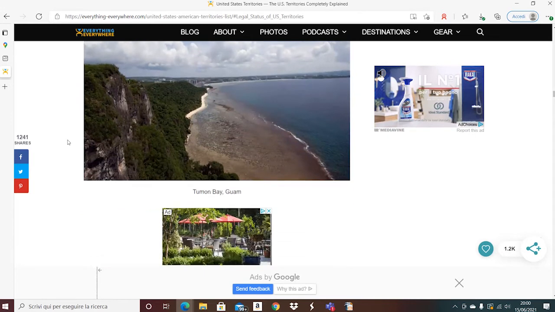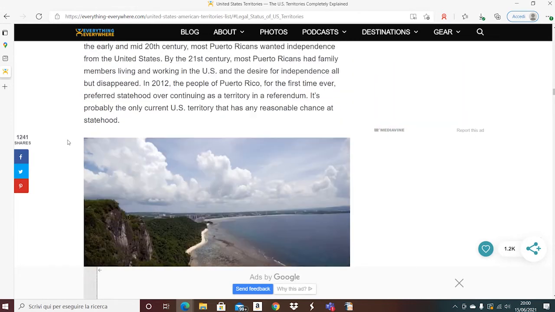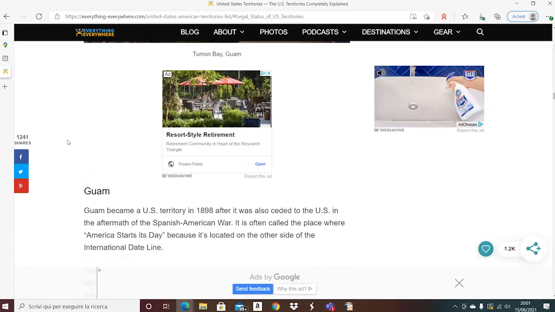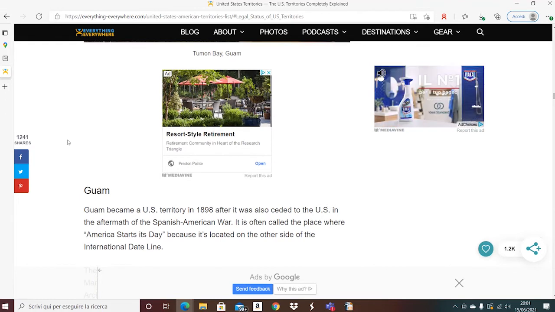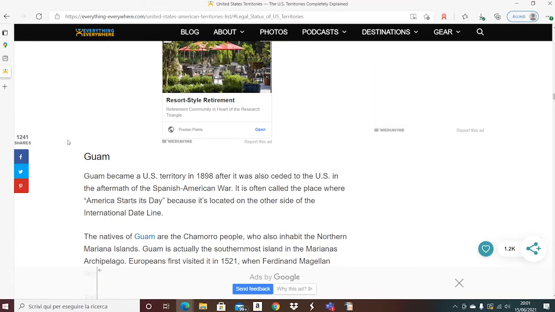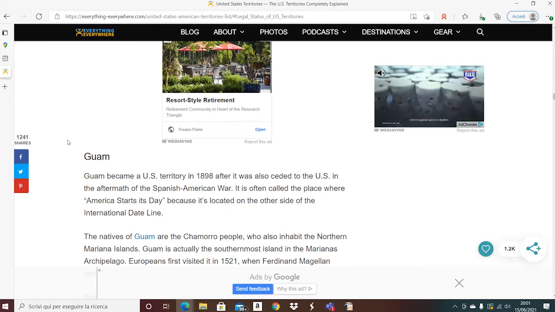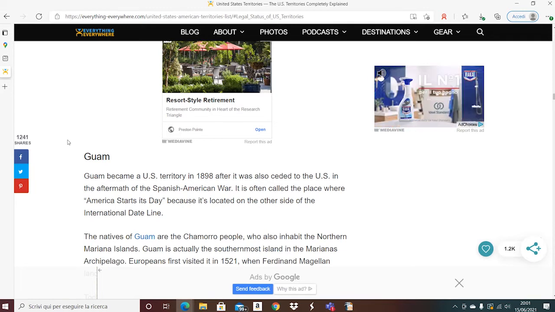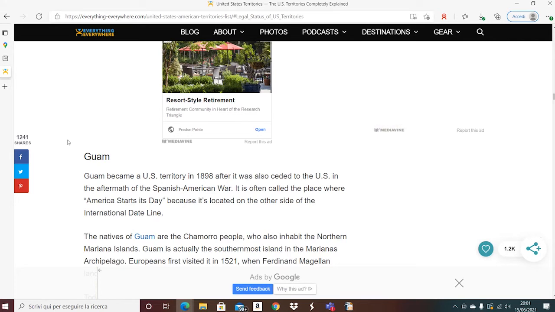Here we have Humåtak Bay in Guam. Guam became a US territory in 1898 after it was also ceded to the US in the aftermath of the Spanish-American War. It is often called the place where America starts its day because it's located on the other side of the international date line.